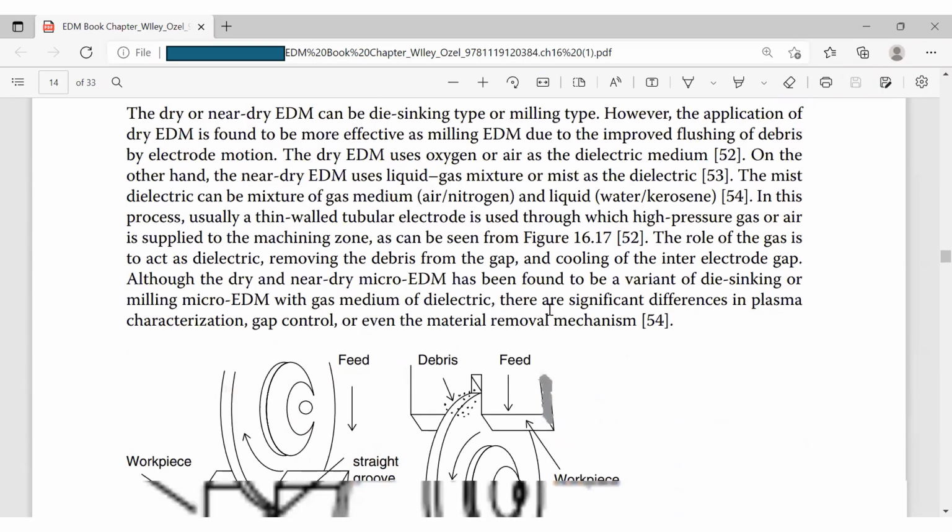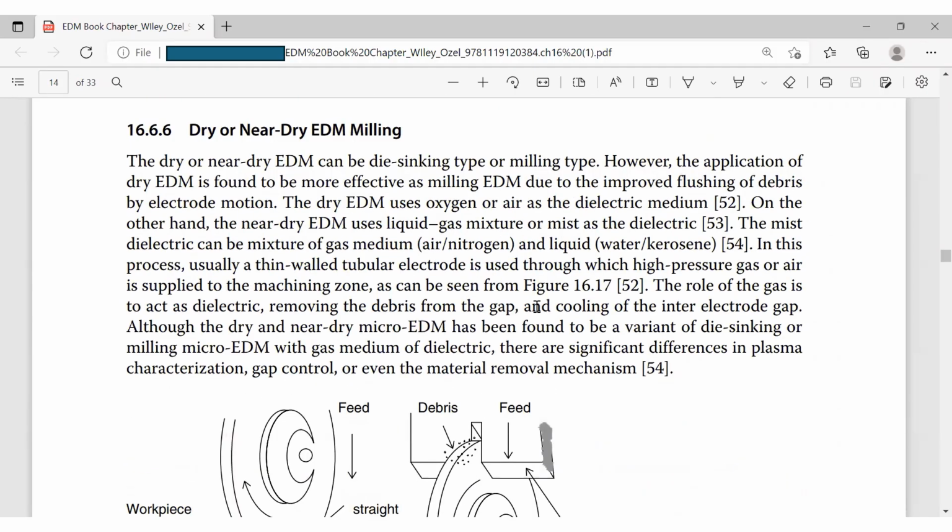The dry or near dry EDM can be die sinking type or milling type. However, the application of dry EDM is found to be more effective as milling EDM, due to the improved crushing of debris by electrode motion.